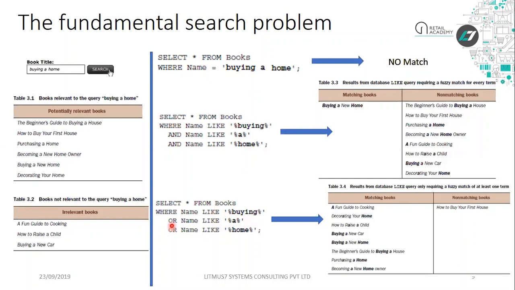What about we try an OR operation instead of AND? When we try the OR operation, interestingly, there is more matching here. But again, the one we just discussed, How to Buy Your First House, is not matched for this query either, even if we go for an OR operation, or even a like operation with some percentages to pull the maximum possible data sets.